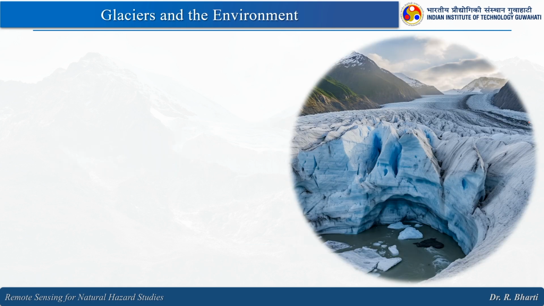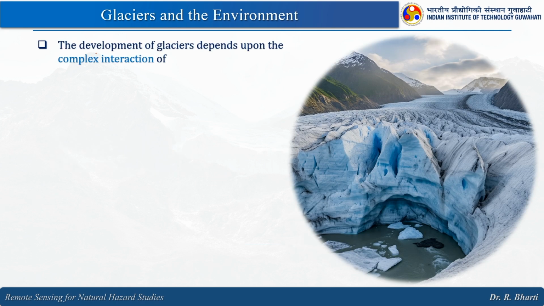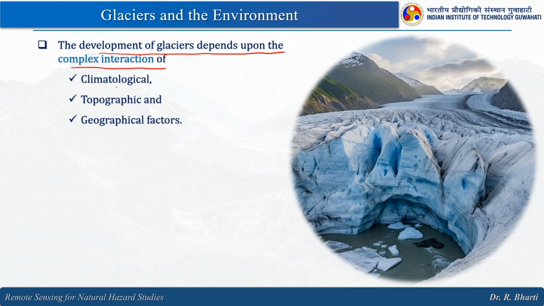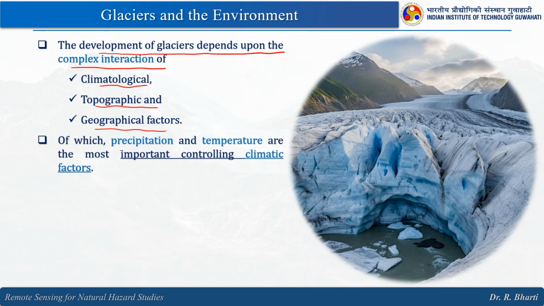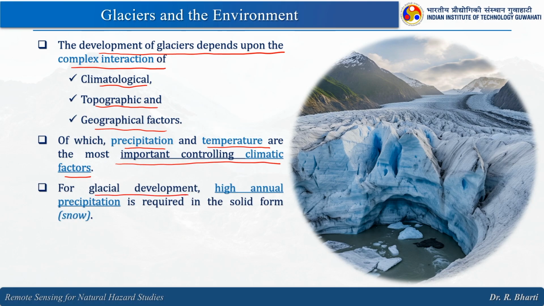Just to give you a background, the development of glaciers depends on the complex interaction of climatological, topographical and geographical factors, of which precipitation and temperature are the most important controlling climatic factors. For glacial development, high annual precipitation is required in the solid form.